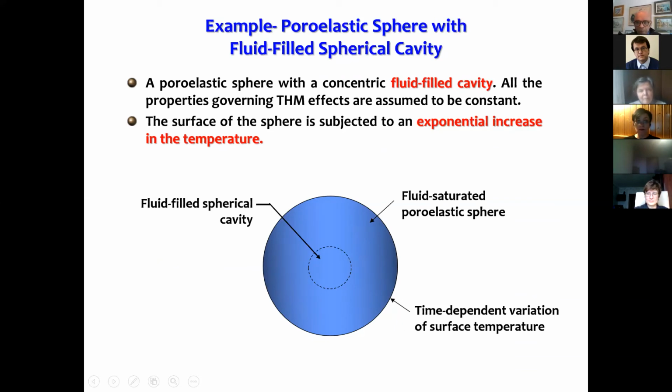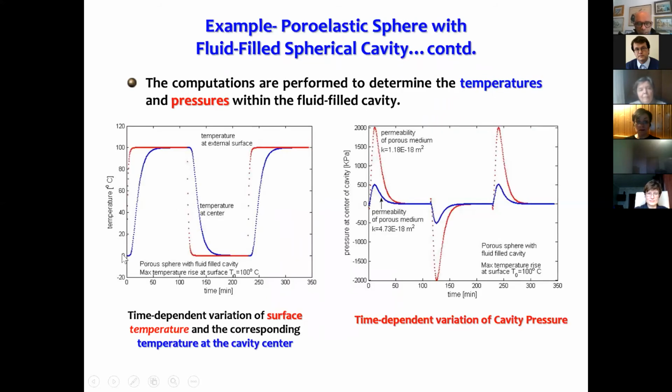Okay, so if I subject the surface to a temperature, time varying, then you can see that as the boundary is heated, the pressures rise inside the cavity, and then as the temperature is switched off, the pressures take a little bit of time to decay, and this procedure can keep on going.